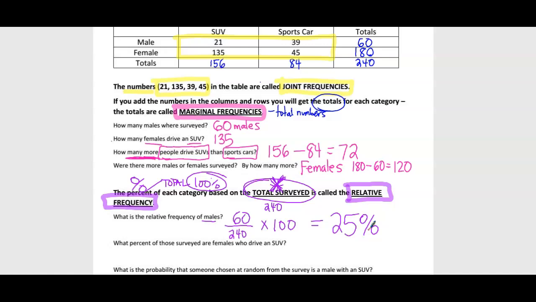I'll read it. It says, what percent of those surveyed are females who drive an SUV? So you need females who drive an SUV as your numerator, the number on top. You need those surveyed, which is your total on the bottom. You need to multiply it by 100, and you need to round it to the nearest whole number.